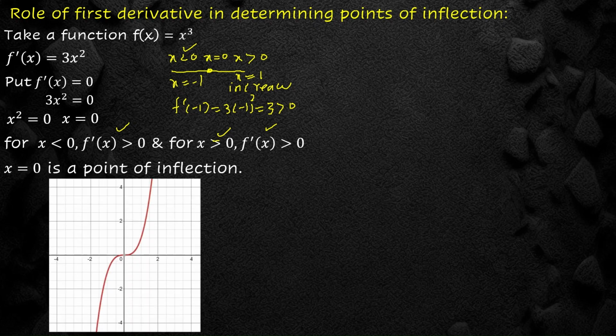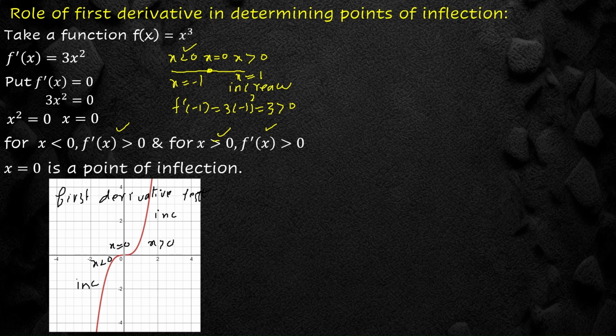On the graph, we can see that before x is equal to 0, the curve is increasing, and after x is equal to 0, the curve is again increasing. So by the first derivative test, we can say that the point x is equal to 0 is a point of inflection.